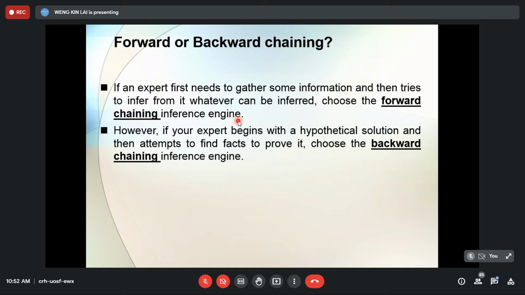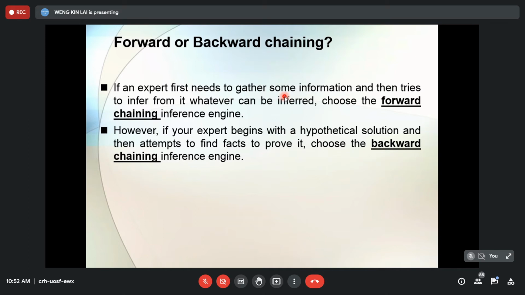If you are able to gather some information, for example the sky is blue, which means no clouds, it's very bright, it's sunny, it's hot, and the weather forecast says it's going to be sunny, what should I do? Those are your facts, and then from there comes the consequence, which is the then part. So this is where you use your forward chaining.